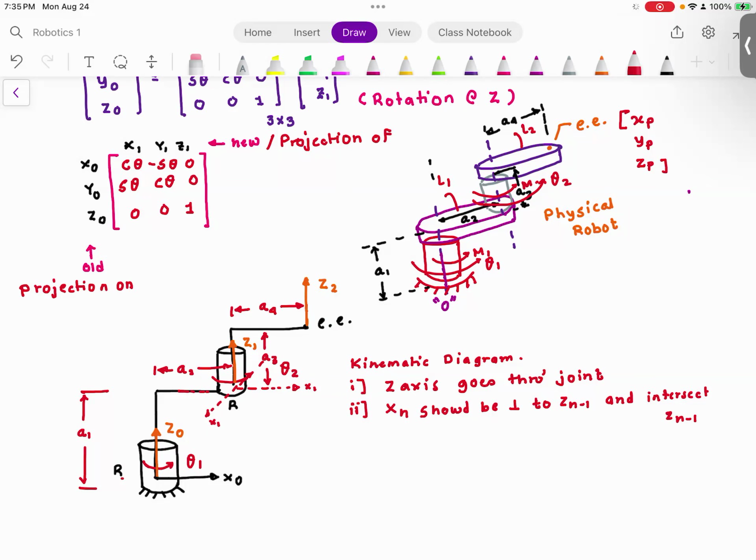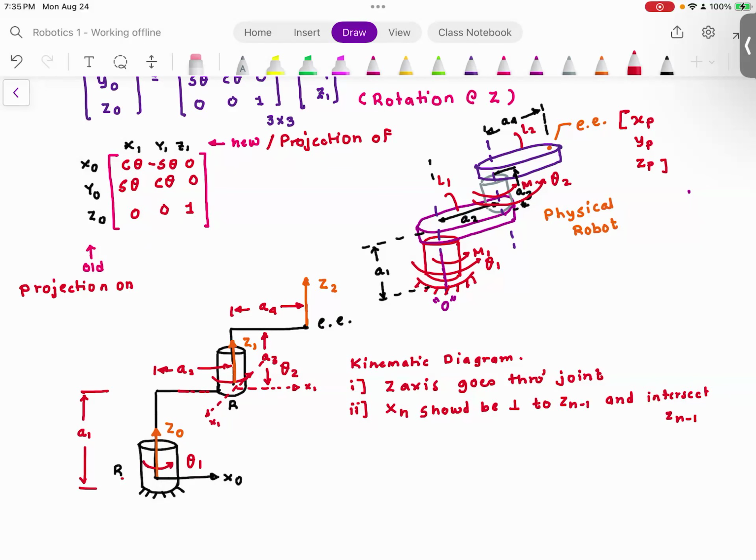Now, I want you to look at this. This X1 or this X1 is not intersecting Z0. Why? Can you see that there is this A2 distance between this Z0 and this X1? So if you were to draw X1 here, it will not intersect Z0. Do you agree with me that they are kind of parallel? So this is not the right configuration.